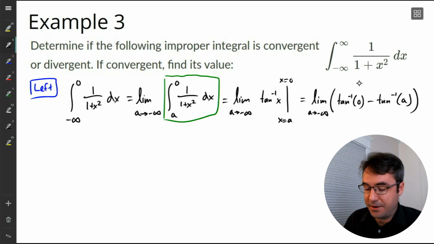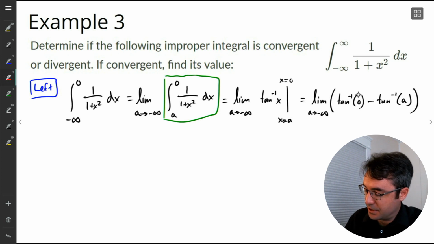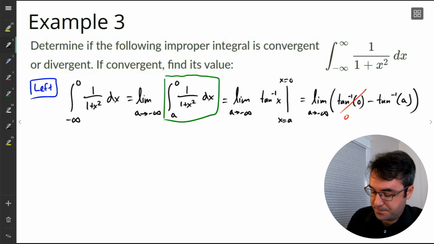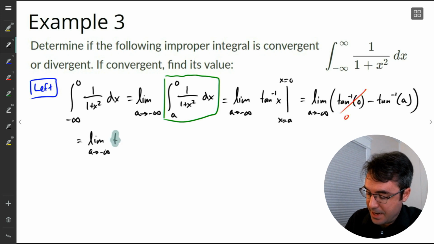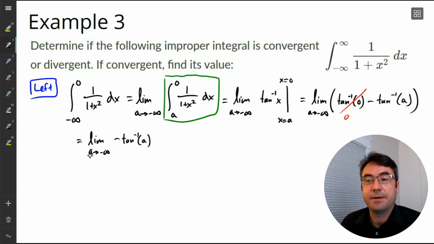We know inverse tan of 0 is 0, so that's going to simplify. So we really have just the limit as a approaches minus infinity of negative inverse tan of a. All right.